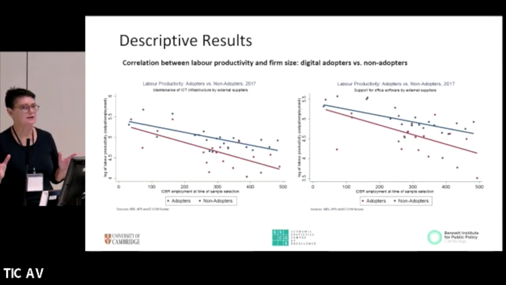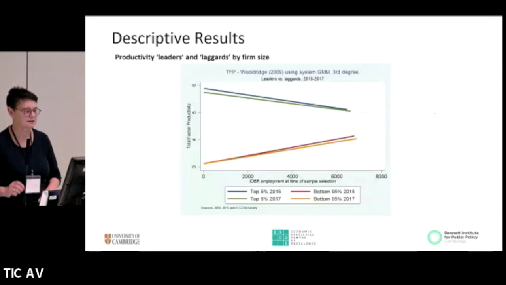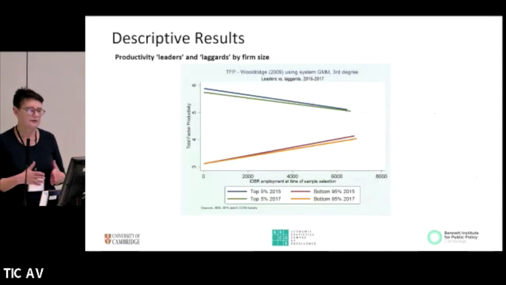As I mentioned at the start, a lot of the literature now divides companies into leaders and laggards. And so we constructed the TFP measures, and we took the top 5% of firms by total factor productivity and looked at what the difference was between the leaders and the laggards. And so here I've got size of firm and total factor productivity.